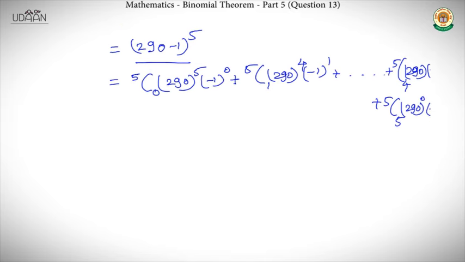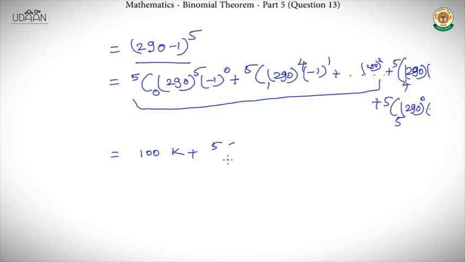Correct. So the terms from 290 whole raised to 5 down to 290 whole raised to 2 are all multiples of 100. So we can write it as 100 into some constant k plus 5C4 into 290 into minus 1 whole raised to 4, which is 1. Then minus: 5C5 is 1, 290 whole raised to 0 is 1, and minus 1 whole raised to 5 is minus 1.